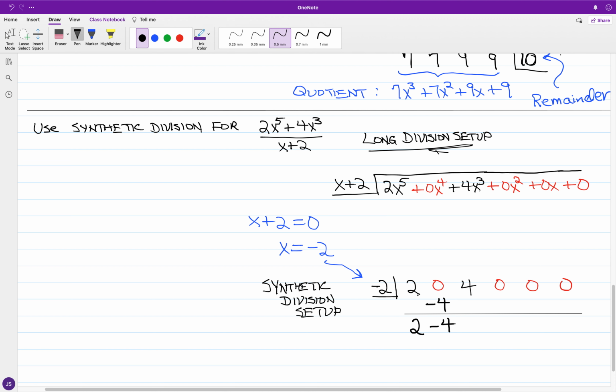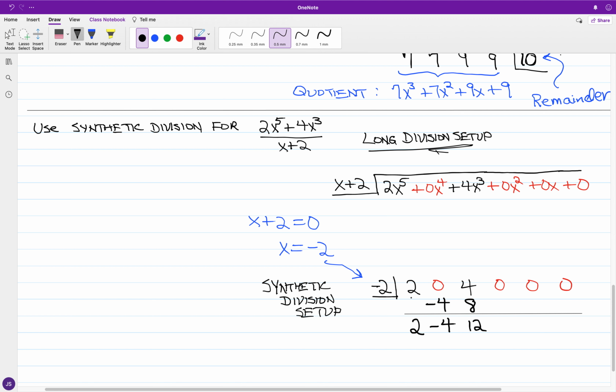Next round: negative 2 times negative 4 is a positive 8, and that product is brought over into the next column. Underneath, 4 plus 8 is 12.